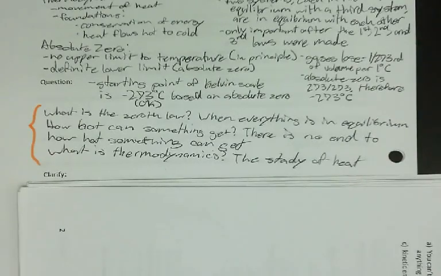There's no upper limit on heat, but there is a lower limit. I should rephrase that: no upper limit to temperature, there is a lower limit to temperature. And again, thermodynamics is trying to understand how heat works. So thermodynamics is understanding the transfer of this energy, how the energy behaves, what it does, that sort of thing.